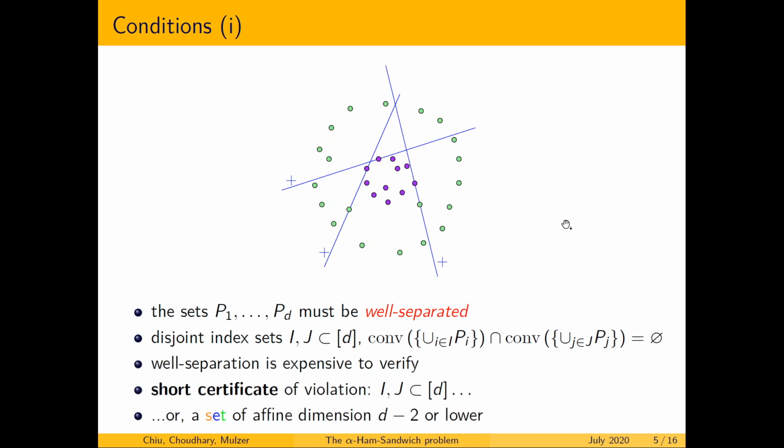However, there is a short certificate of violation. It is an index set of two sets of colors such that the corresponding convex hulls are not strictly separated. Equivalently, if we have a colorful set that has affine dimension d-2 or lower, then that also serves as a certificate that well separation does not hold.